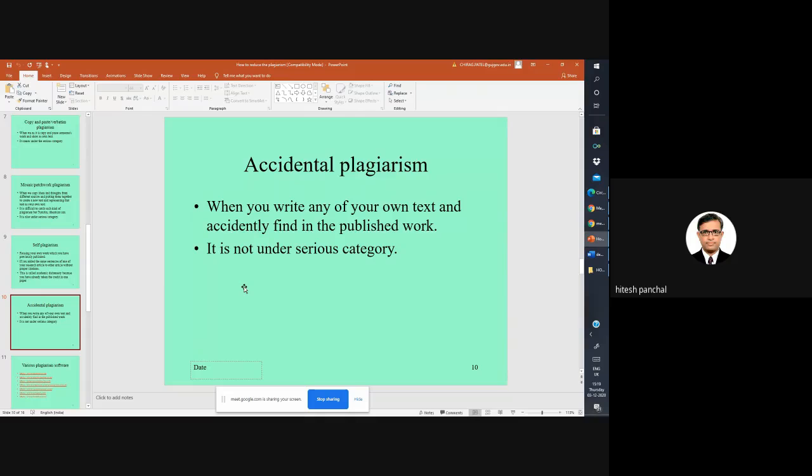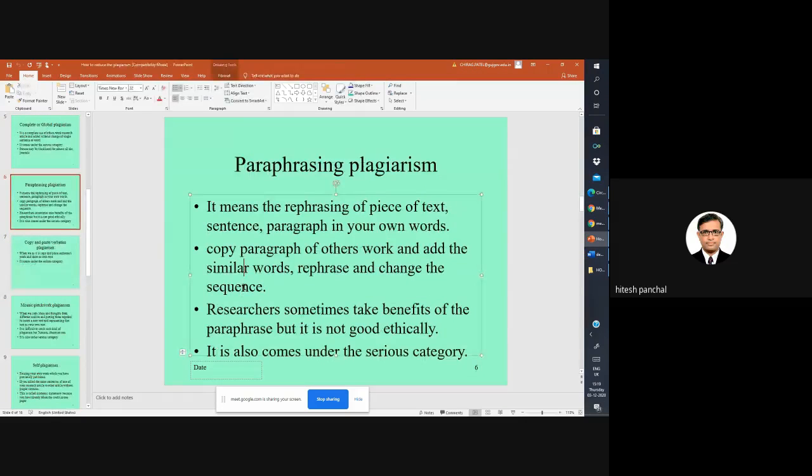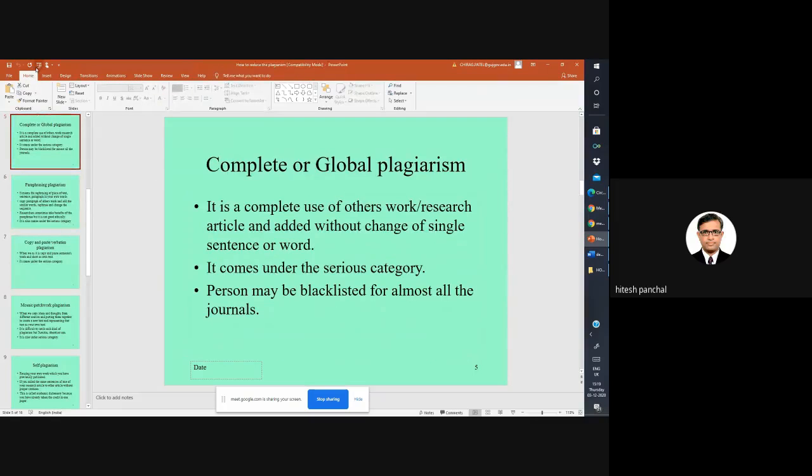That is why the best way to reduce or remove accidental plagiarism is to rewrite the sentence. If you rewrite the sentence, definitely your accidental plagiarism will be removed. So friends, I have already explained to you the 6 different types of plagiarism.